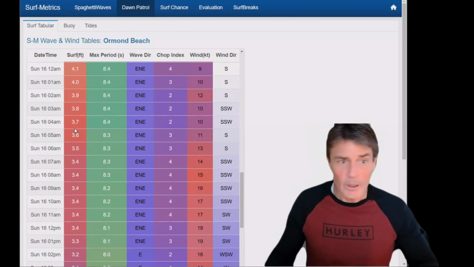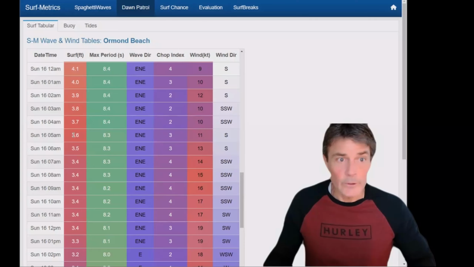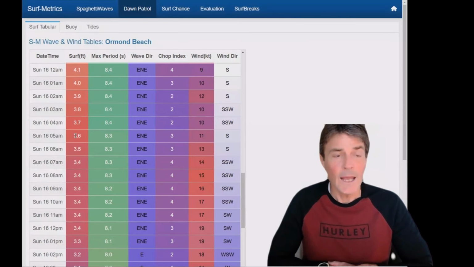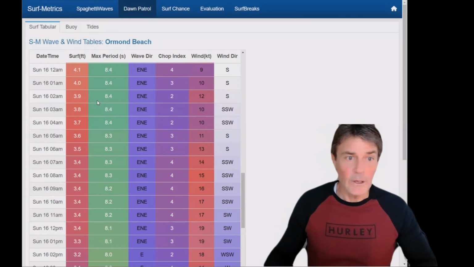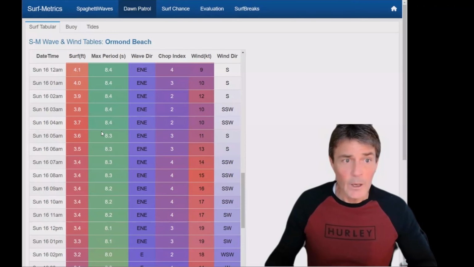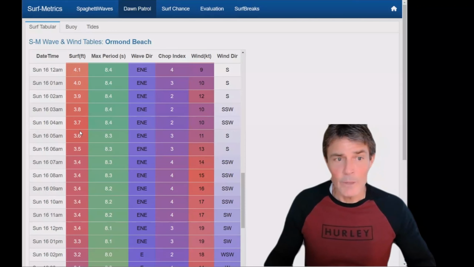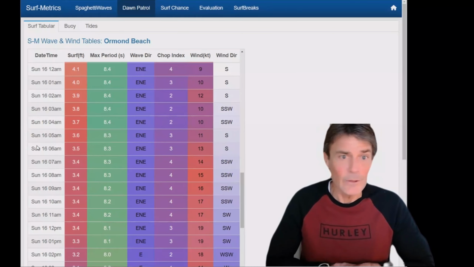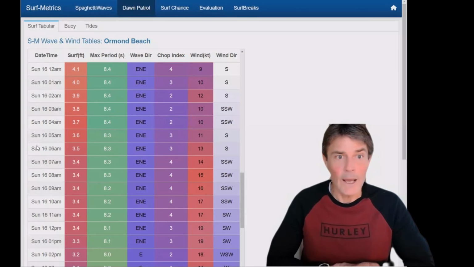Here we have a reddish color, which correlates to surfable waves in the stomach high range, and also the period here. So we have both the estimated surf height in the surf zone and the wave period, two of our most important variables. And the time is here every hour, so that's a key. This is hourly data, so you can see how this stuff changes from hour to hour.